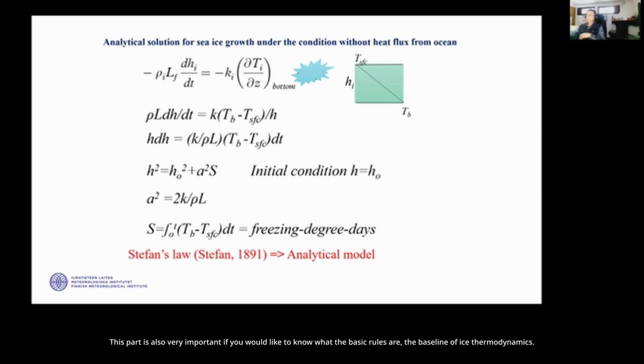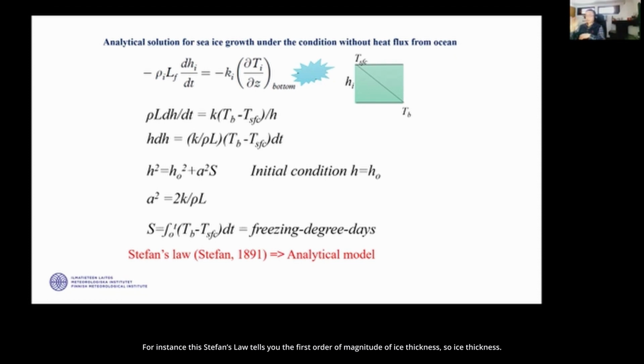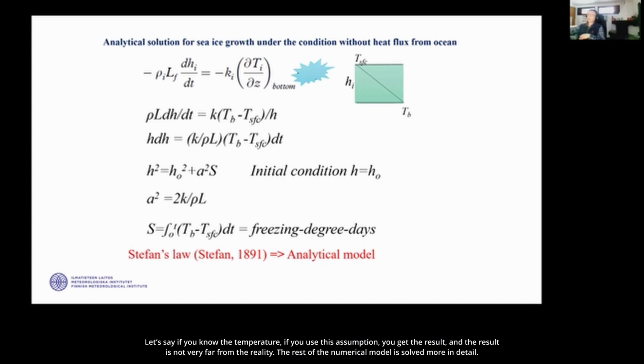So this part is also very important if you would like to know the basic rules, the baseline of ice thermodynamics. For instance, this Stefan law tells you the first order of magnitude of ice thickness. So if you know the temperature and use this assumption, you get the result. The result is not very far from reality.